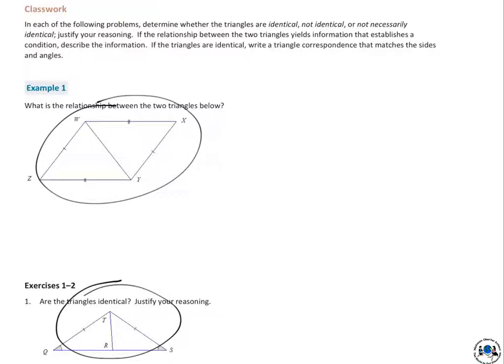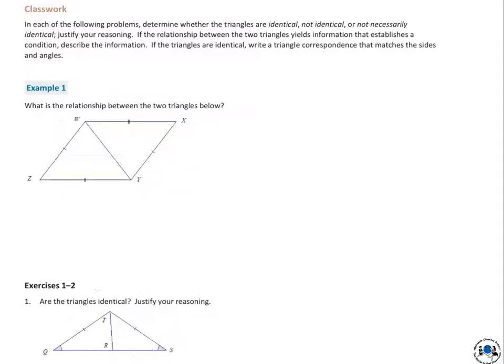And we'll talk about things that we can do to help with that and to help us solve and to be sure if we are looking at identical triangles. You'll also be asked to go back into your memory in terms of different relationships amongst angles, those special angle relationships.